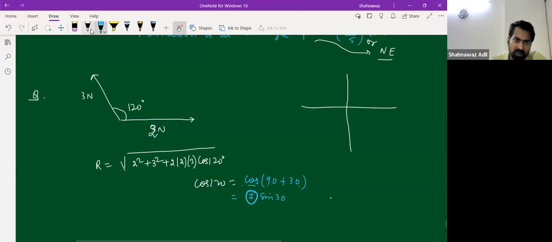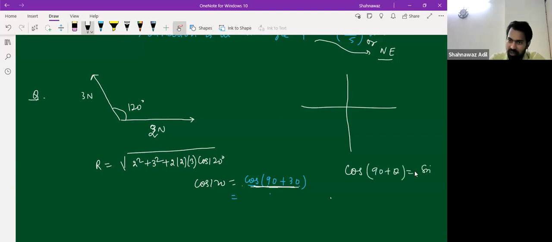There is a trigonometric relation which says that if you have some larger angle, maybe this was not in your 10th syllabus, but you learned this in your 10th part. So cos 90 plus theta is sine theta, and the sign is different.